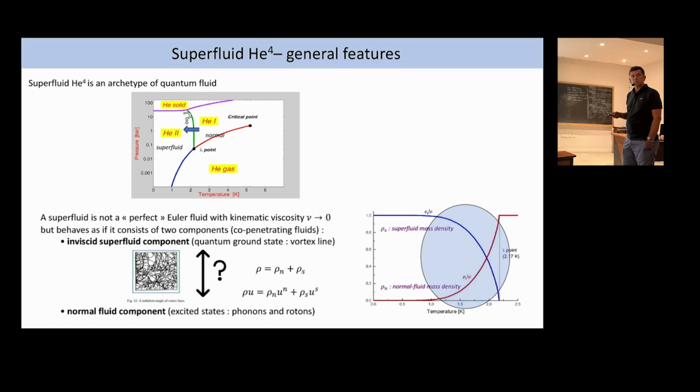One fluid is the superfluid component, which is inviscid, and which has vorticity confined to lines, with atoms in the quantum ground state. The other component is the normal fluid component, with atoms in excited states, and it behaves as a classical Newtonian fluid. And the two components are coupled.